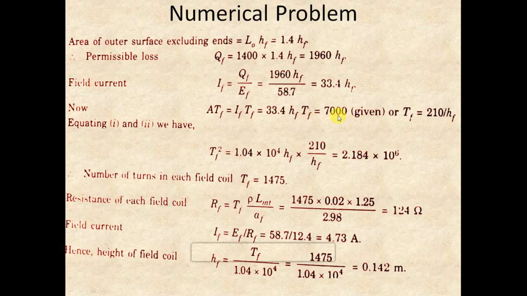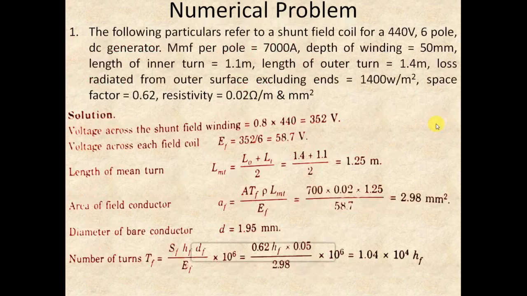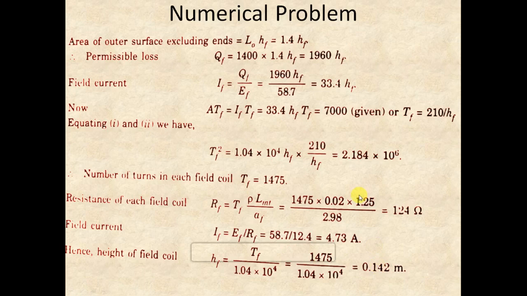So by solving this relation in TF and HF and this one, we will be able to identify the values of TF and HF, and it is found to be 1475 and 0.142 meter.